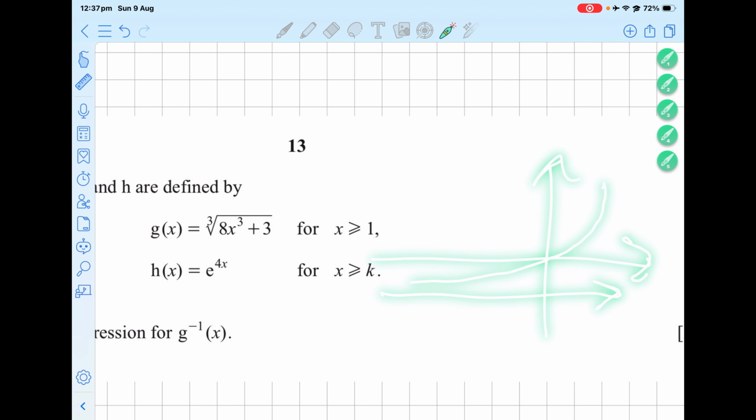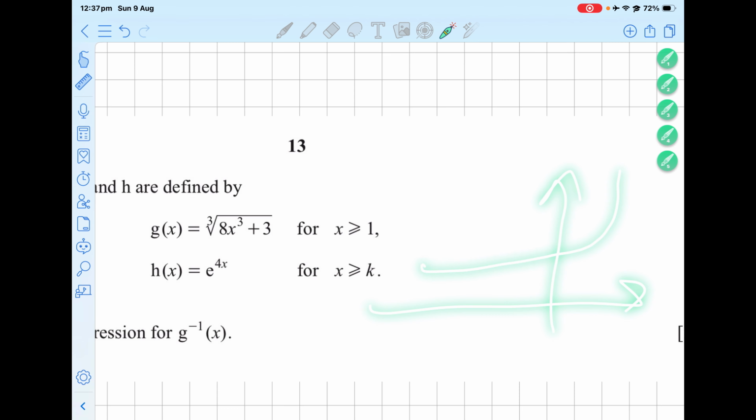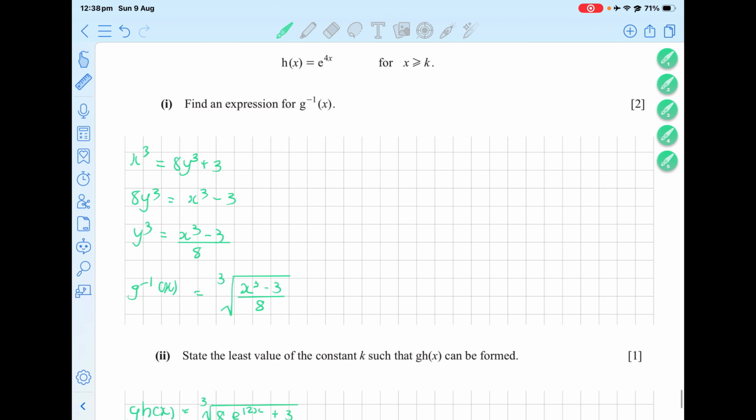It's basically going somewhere like this, but it never reaches 0. So again, k must have the same requirement.